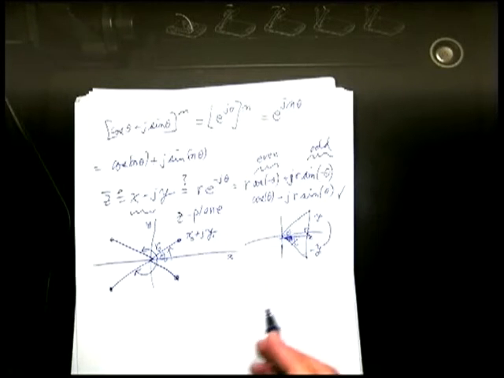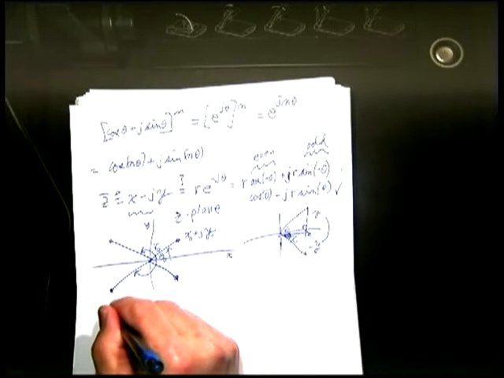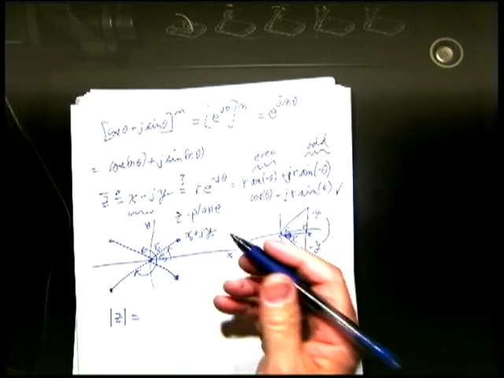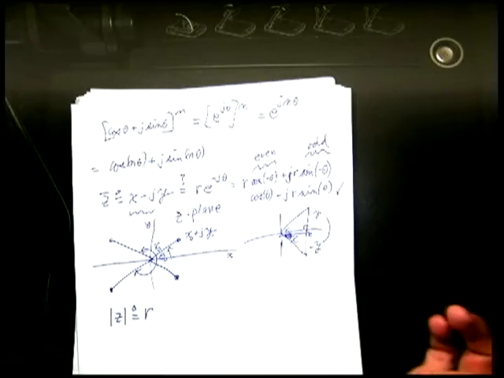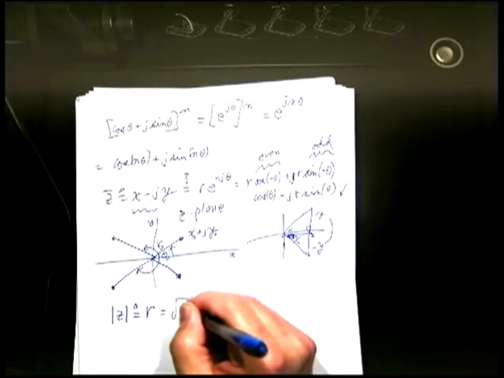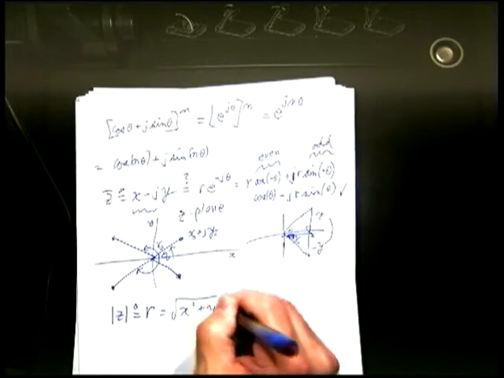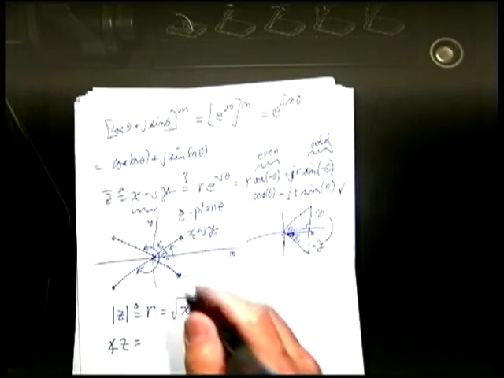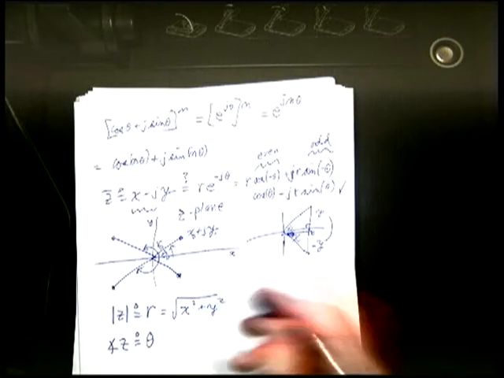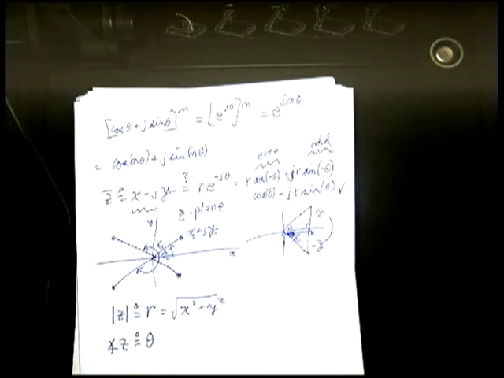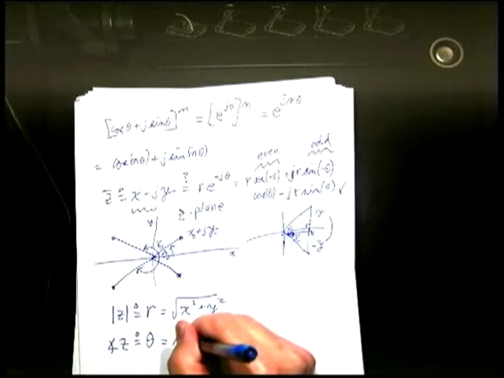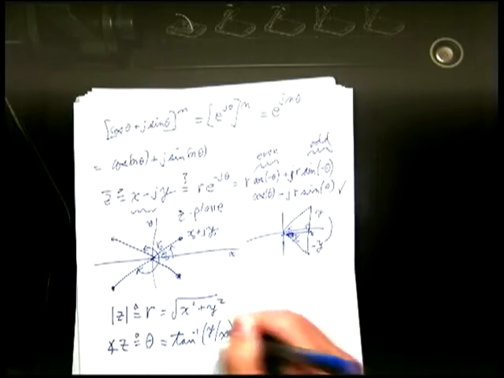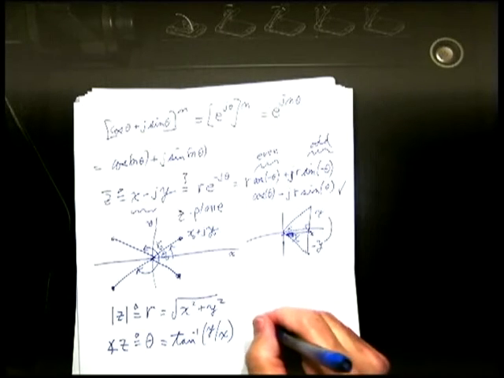And then we have relations like this, that the modulus of a complex number is by definition r. It's just the length of the complex number. And so that can be written also in terms of the real and imaginary parts. And then we can also write down the angle of a complex number, and that is theta. We define it as the angle in the polar form, and in Cartesian coordinates you do the arctan. And this is an atan2, so to speak.